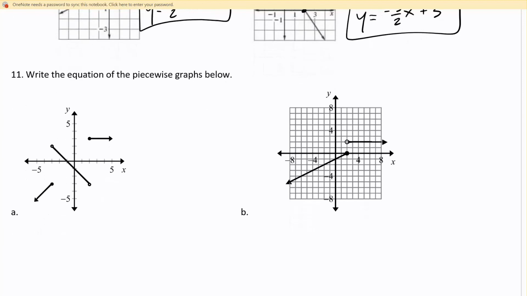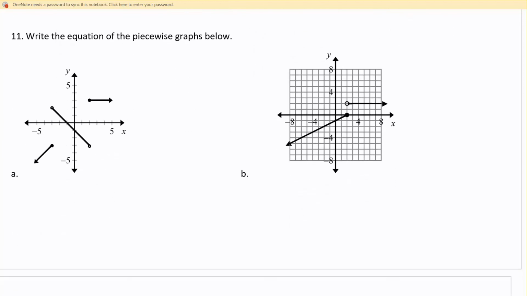Problem 11, write the equation for the piecewise graph. So we've got f of x equals, and let's call this one our blue one right here. The constraints, we're going at 1, 2, 3, so x values that are less than or equal to negative 3.